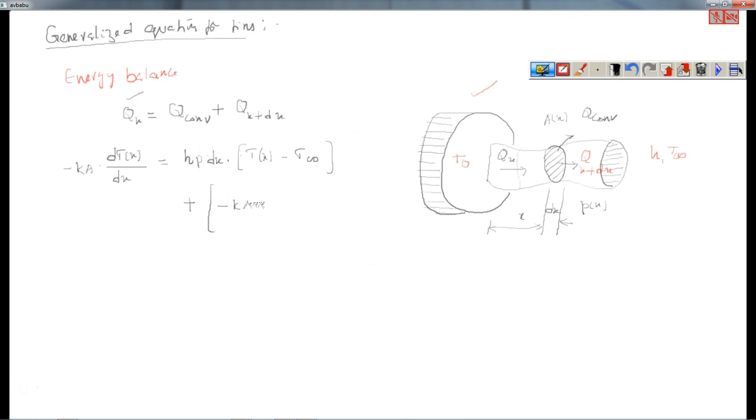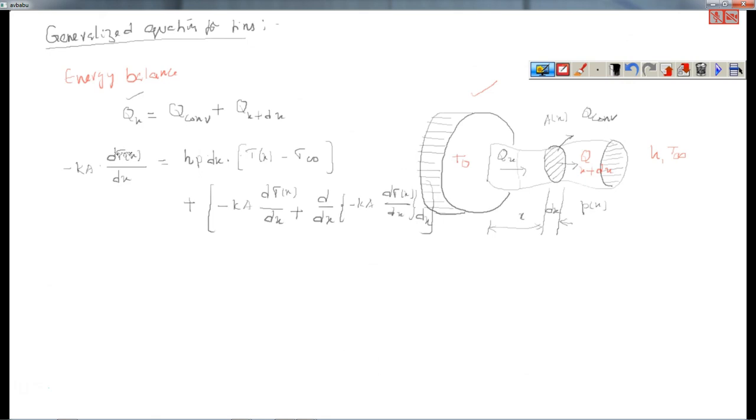minus Ka. This already we are aware of, how to write Qx plus dx: minus Ka dT by dx plus d by dx of minus Ka dT of x divided by dx, into dx, and this square bracket closes, right?